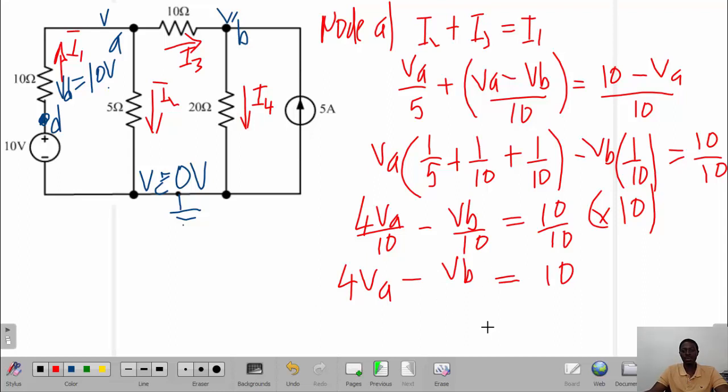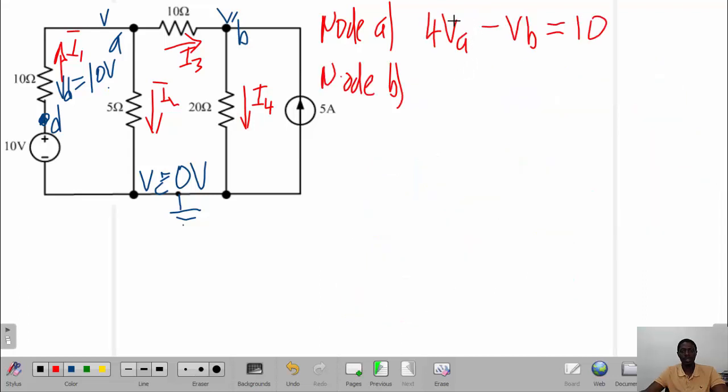And that is the first equation that we obtain, for node A.